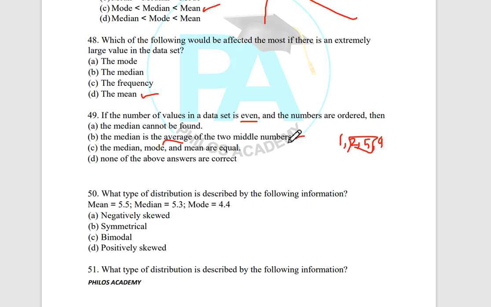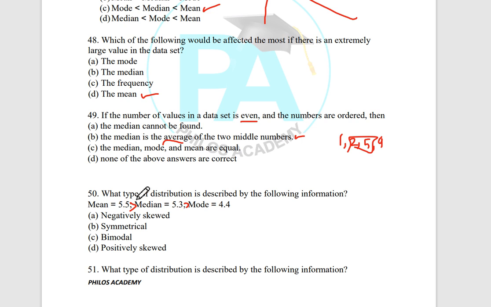So question 50 says, what type of distribution is described by the following information? Mean is 5.5, median is 5.3, and mode is 4.4. Don't forget this. Look at this: the mean is greater than the median, and the median is greater than the mode.